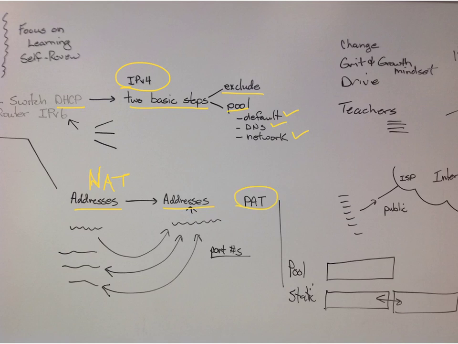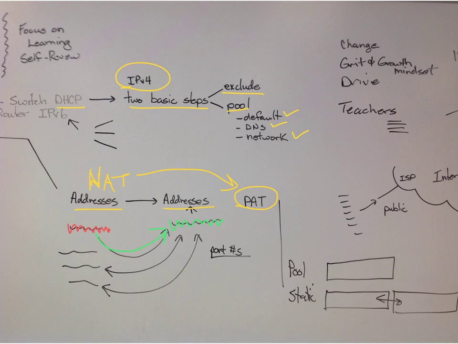Or port address translation. It's kind of a specific form of network address translation. And in the case here, we're taking an inside address, or we're taking an address here and then matching it up with an address here for the other network.